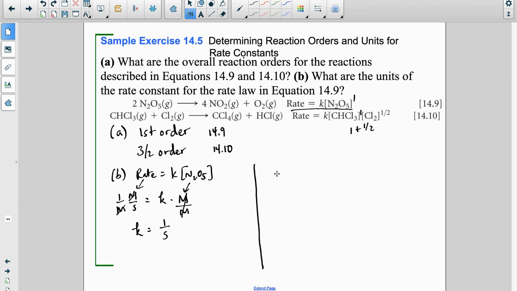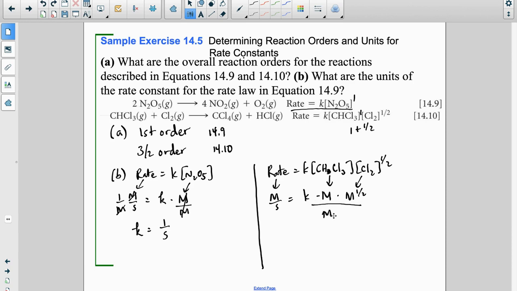For the second one, for 14.10, again, let's rewrite that. Rate equals k[CHCl3][Cl2] to the 1/2. Again, let's put in the units for these. Rate is molarity per second, times k, times molarity, times molarity to the 1/2. To get k by itself, I need to divide by these things.